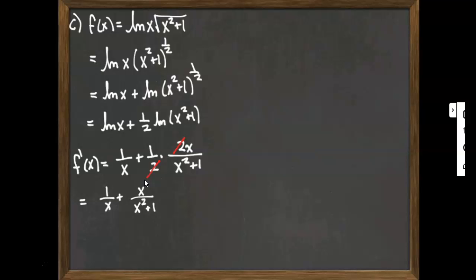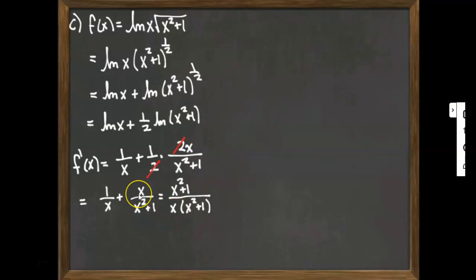Or we could put those together as a single fraction. So the common denominator here would be x squared plus 1. So the first fraction here had the x, but it didn't have the x squared plus 1. So we'd have to multiply the top by x squared plus 1. 1 times x squared plus 1 is just x squared plus 1. The second fraction, the x squared plus 1 denominator, didn't have the x.